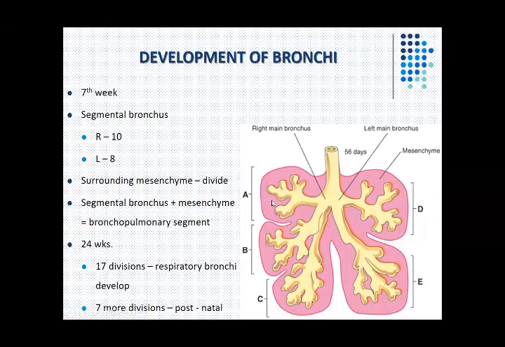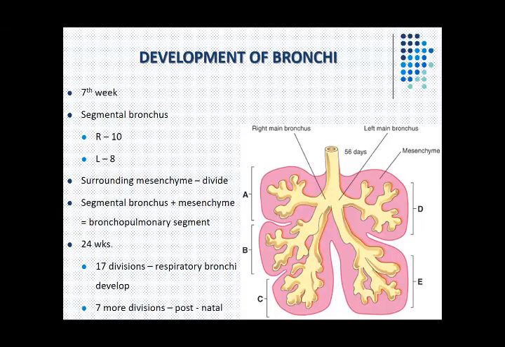So by 24 weeks, you have around 17 subdivisions of respiratory bronchi. और इसमें respiratory bronchi भी develop हो जाता है. तो ये जो हमने tertiary bronchi, फिर lobar bronchi और segmental bronchi था. Segmental bronchi के बाद you have 17 subdivisions.